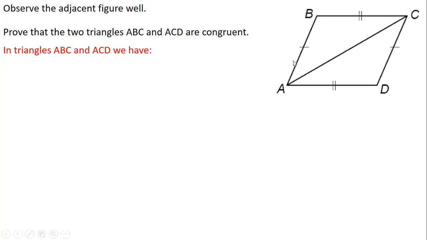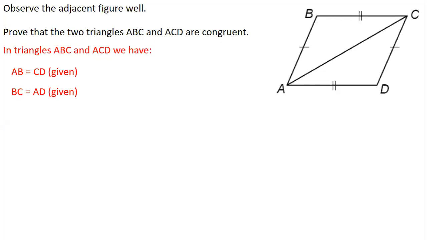What do you see equal to each other? AB equals CD by given. So side AB is equal to side CD by given. Continue. BC equals AD by given. BC equal to AD by given.